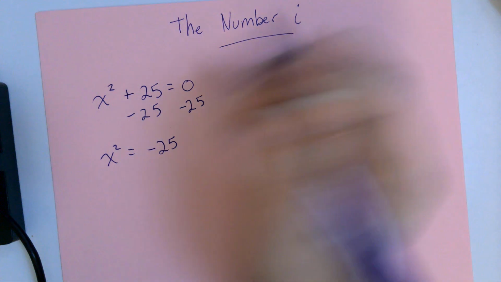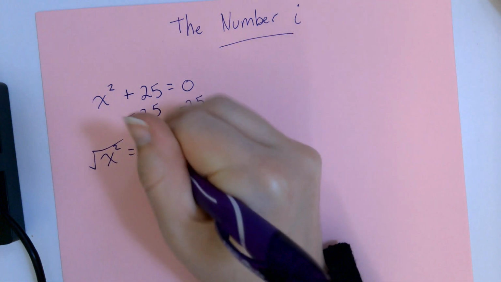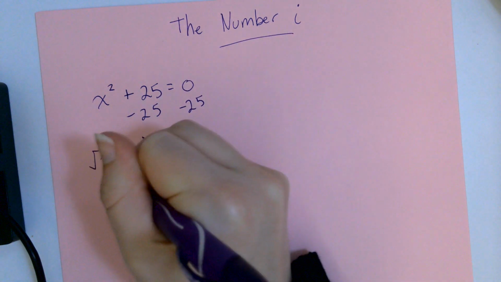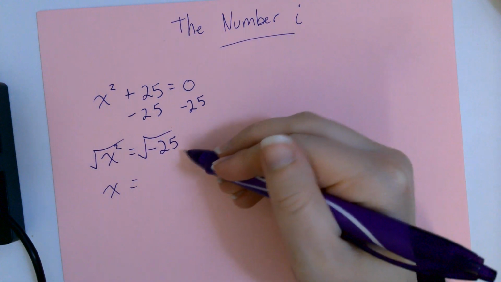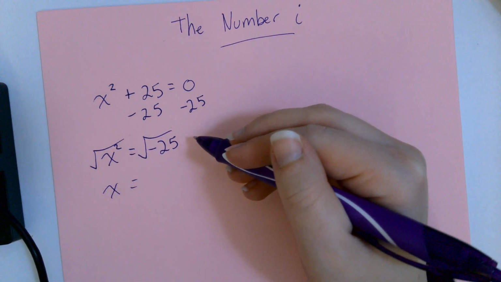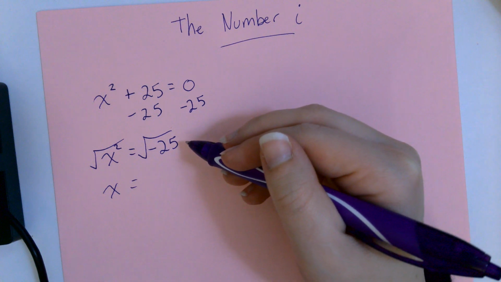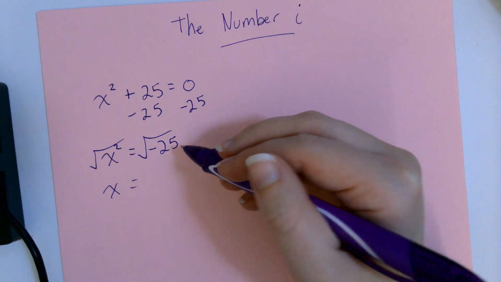And we say, okay, let's just square root both sides. So then we have x equals, and then we would have a problem. We would have the square root of a negative number, which is not a real number.